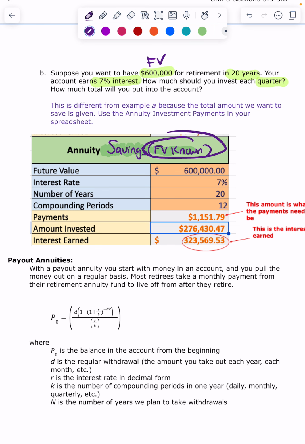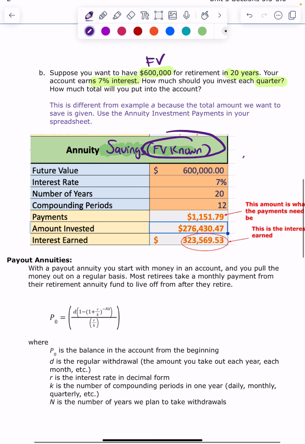All right, so we'll put the information in. $600,000, 7% interest. This is for 20 years, and I have a mistake on this. It's compounded each quarter, so that should actually be just 4 times a year.